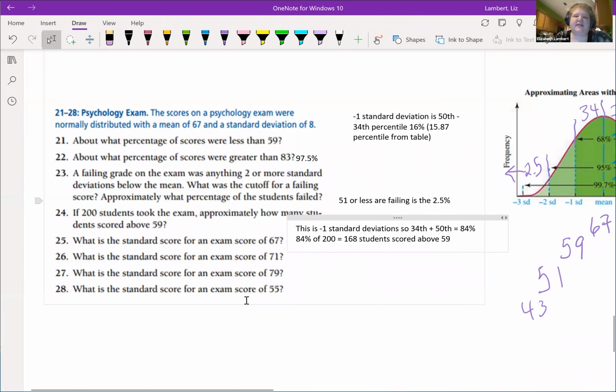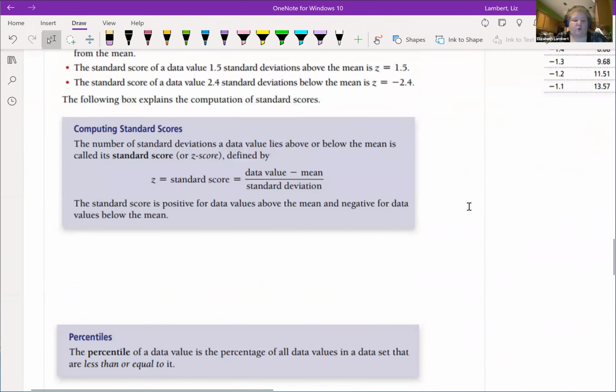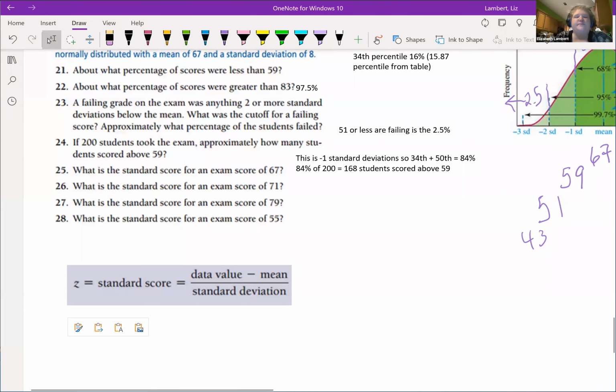Now here they're asking us to do a standardization of the score. This is where we're going to use this weird formula, which I'll just take a little snapshot of and drag it down there. So when they say, what is the standard score for an exam score of 67, we are going to take the 67 as our data value, and then we're going to fill in the mean and the standard deviation in the other ones.